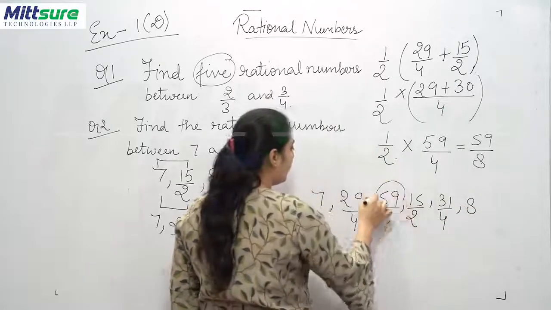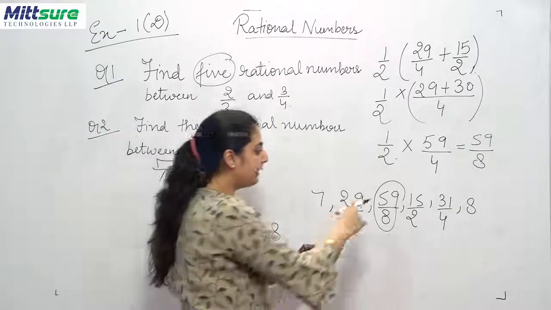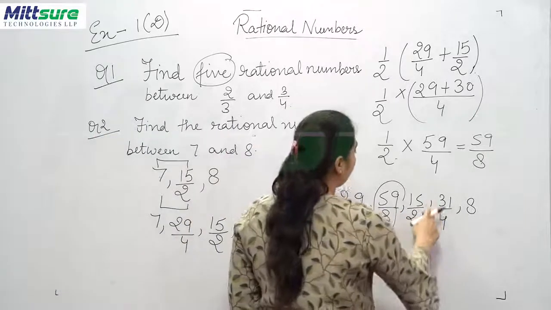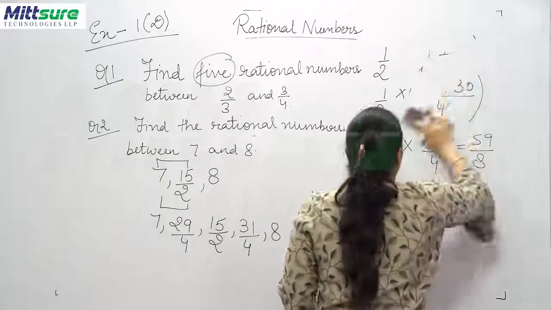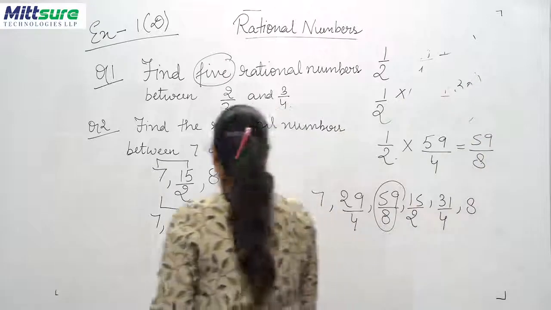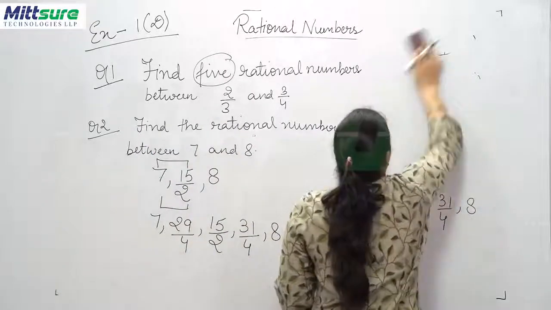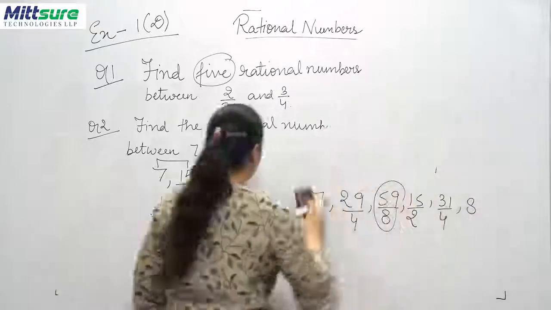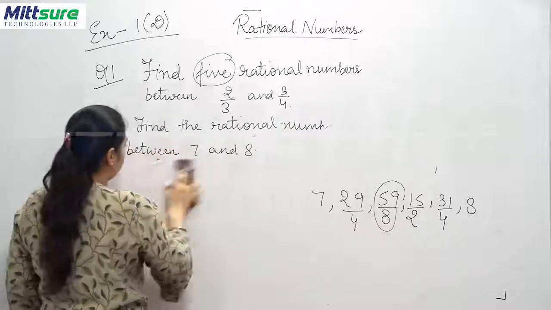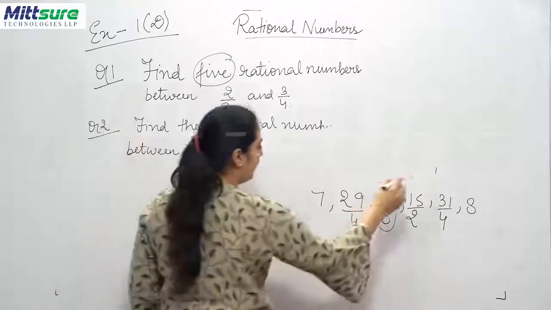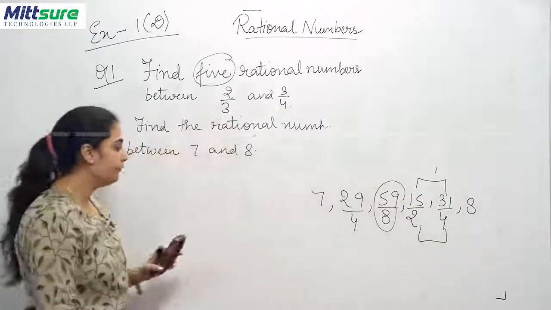Now, this is one more number, known as the midline number. Now, let's take 15 upon 2 and 31 upon 4. We'll do the calculation here so that we find out the number between 15 upon 2 and 31 upon 4.